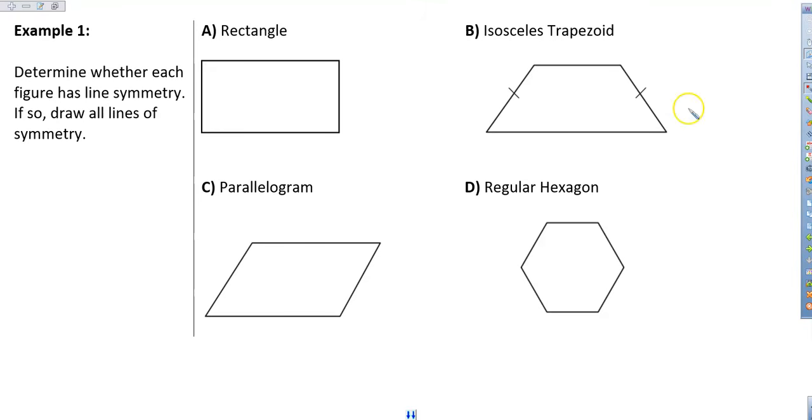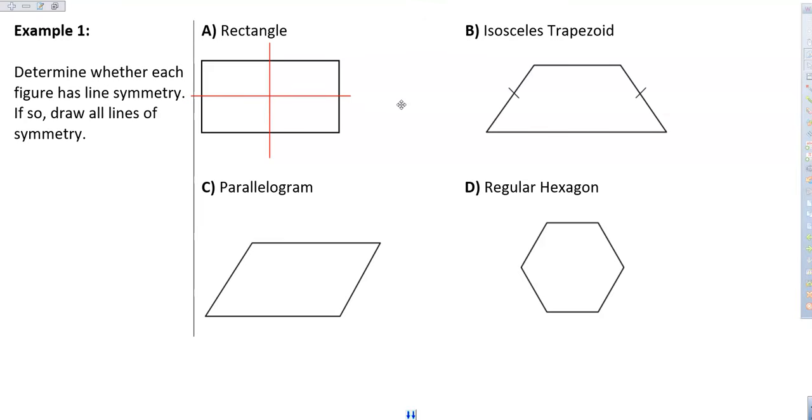So if we take a look at these, I want to know which figures have lines of symmetry. When I look at a rectangle, I can cut a rectangle in half vertically as well as horizontally. So I can fold it in half in both of those directions, so that we can map the rectangle onto itself.